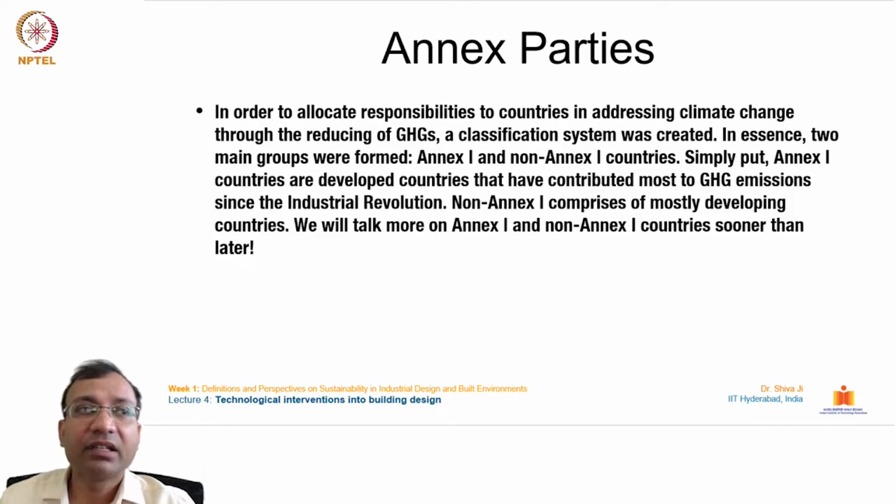In essence, two main groups were formed: Annex 1 and non-Annex 1 countries. Simply put, Annex 1 countries are developed countries that have contributed most to GHG emissions since the Industrial Revolution. Non-Annex 1 comprises mostly developing countries. We will talk more about Annex 1 and non-Annex 1 countries soon.